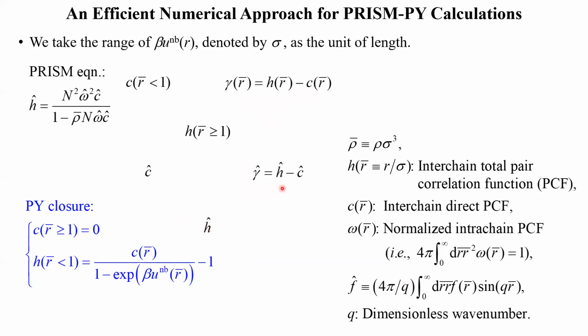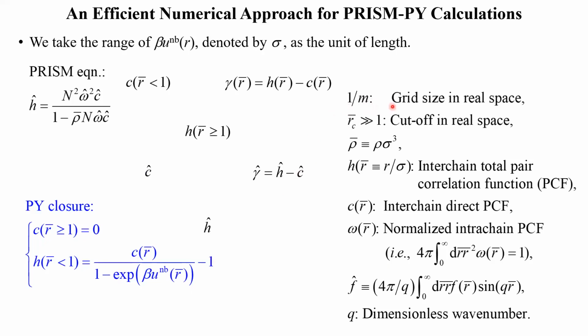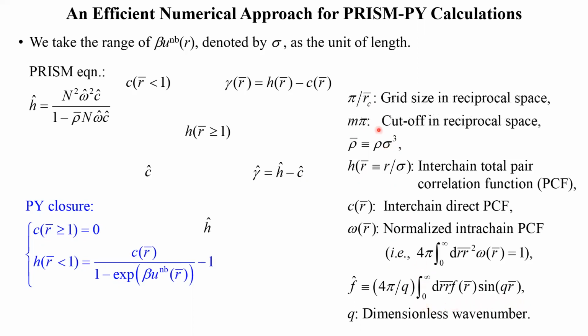We uniformly discretize the real space into grids of spacing 1 over M, and replace this infinity by a large cutoff R_C bar. Then, due to the discrete sine transform that we use to evaluate this integral, this corresponds to a grid spacing of pi over R_C bar and a cutoff of M times pi in the reciprocal space.